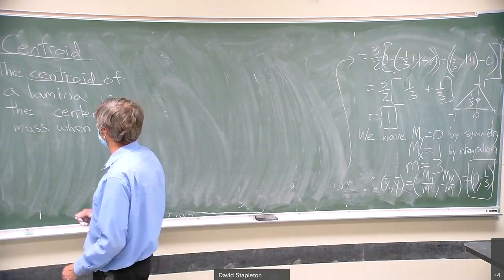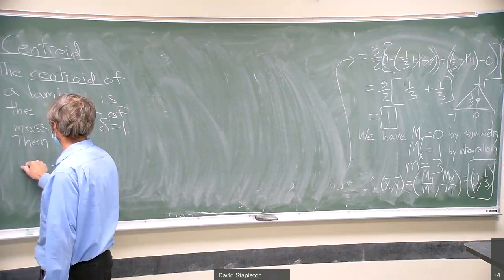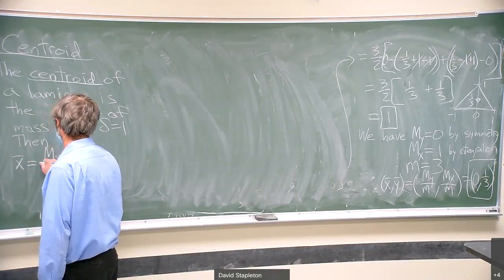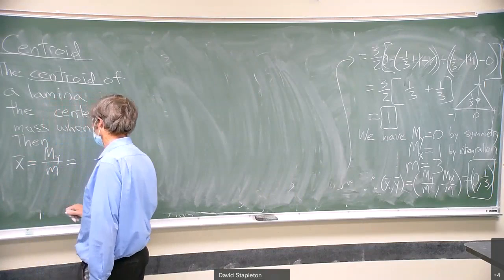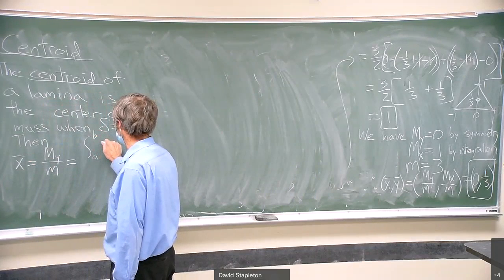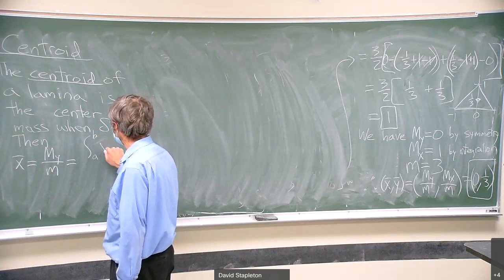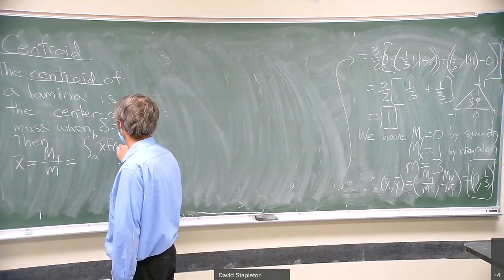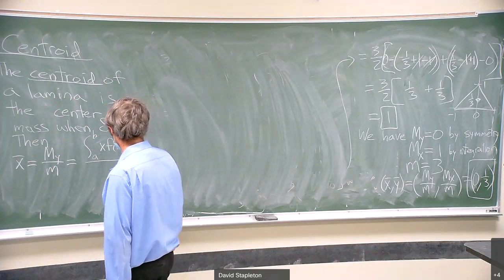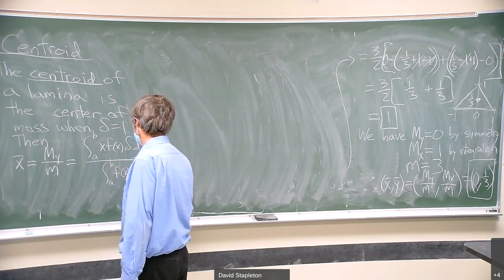I think it's got to be simple, so I understand. In other words, when delta is a constant, then you can write that x bar is my over m, right? It's the integral from a to b of x f of x delta dx over the integral from a to b of f of x delta dx.